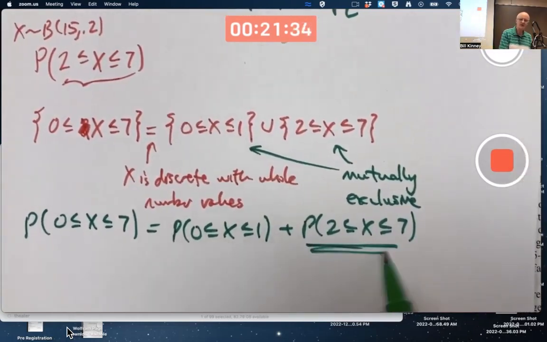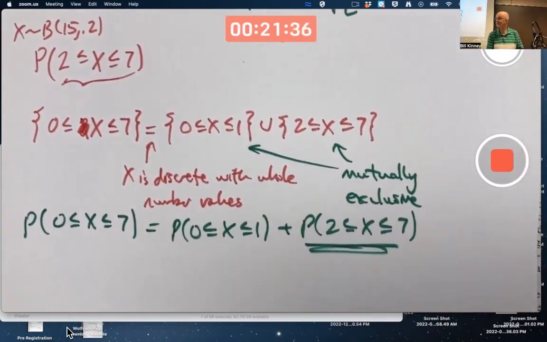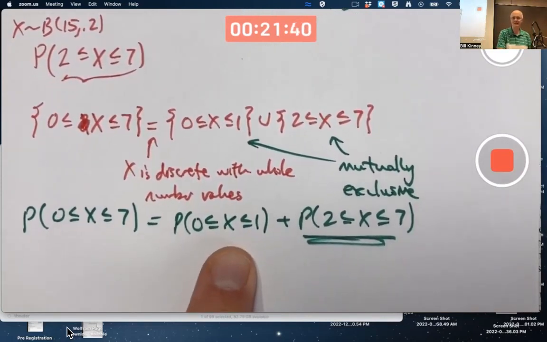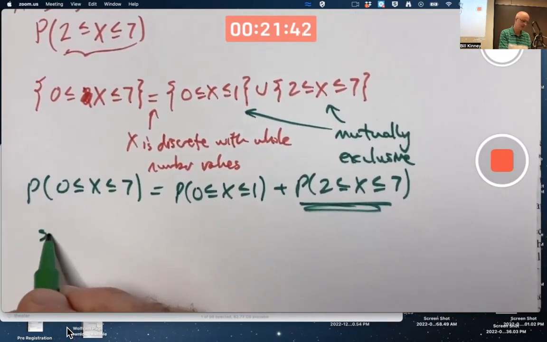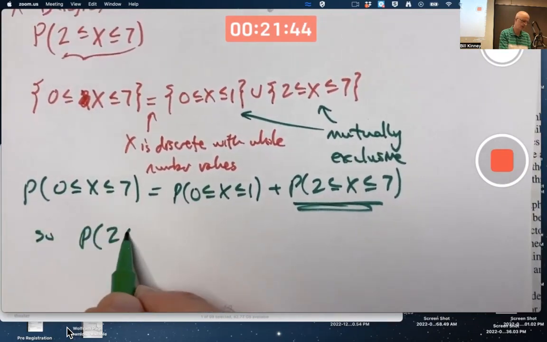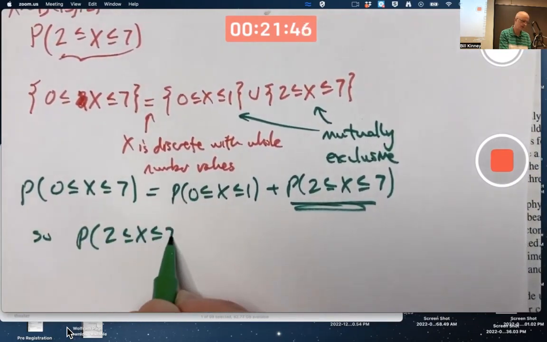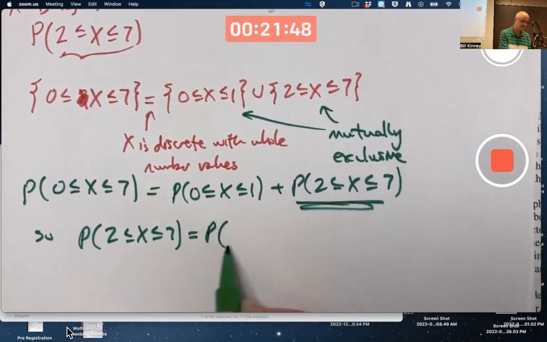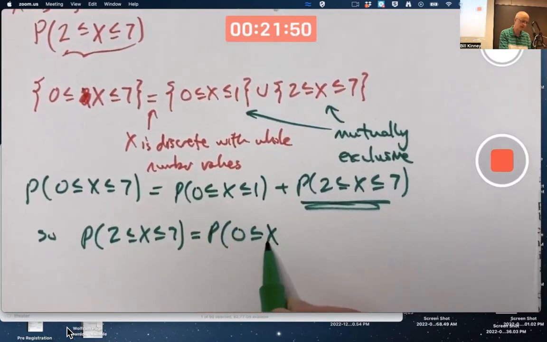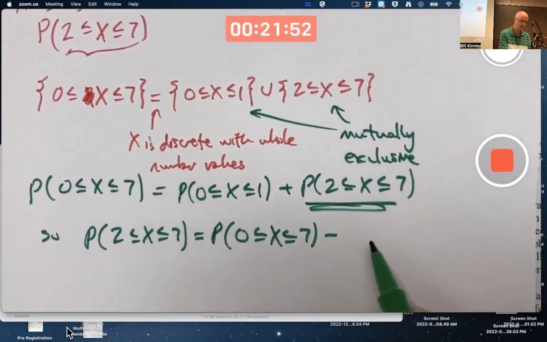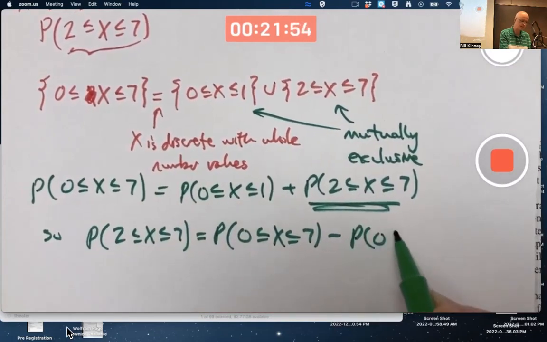Meaning the probability that I'm interested in is a difference. Subtract this from both sides. So the probability of x being between 2 and 7 is the probability of x being between 0 and 7 inclusive minus the probability of x being between 0 and 1 inclusive.